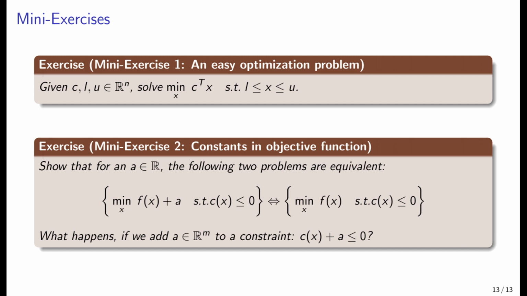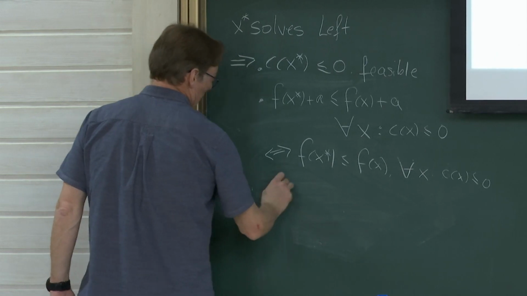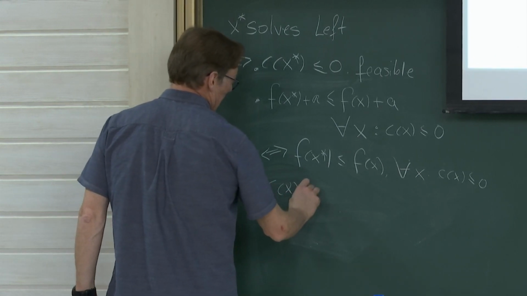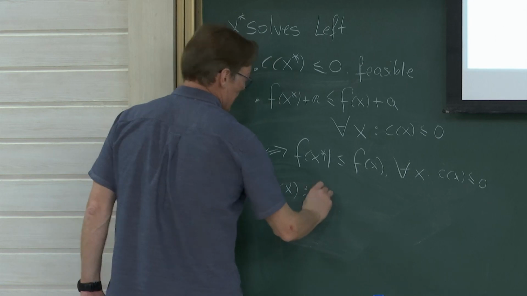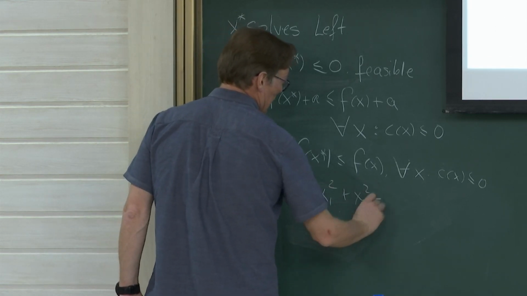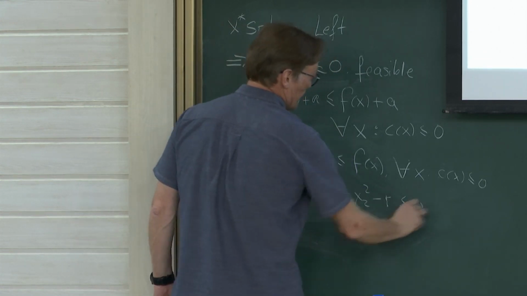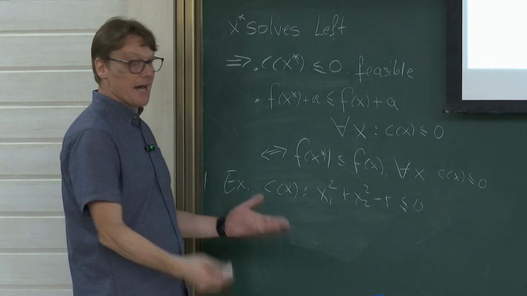An example would be, if c of x is given as x1 squared plus x2 squared minus r less than or equal to 0, then that's a circle of radius r.